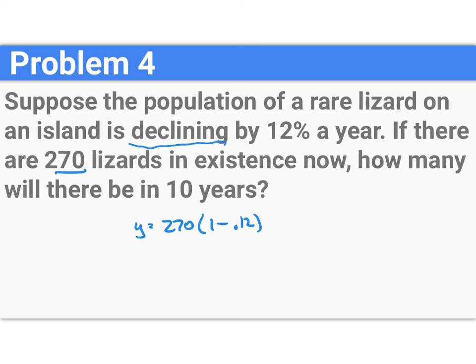And then you raise that to the time power, 10. And what you get is about 75. So if you start with 270 lizards, in 10 years, you'll be down to 75. And that's why they say be careful with the environment, because you could destroy species.